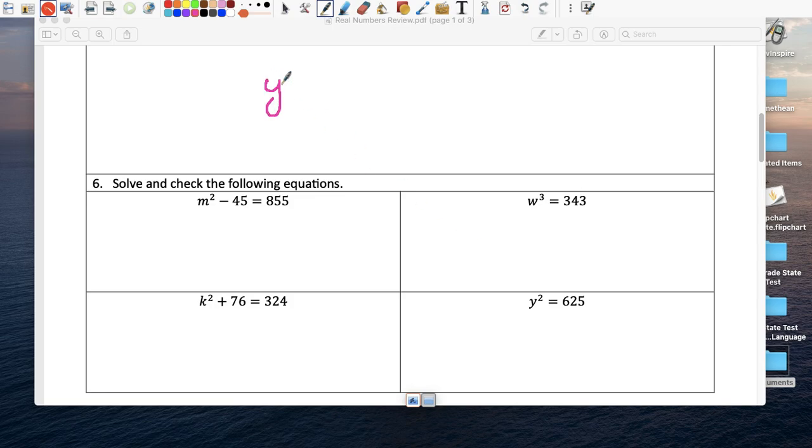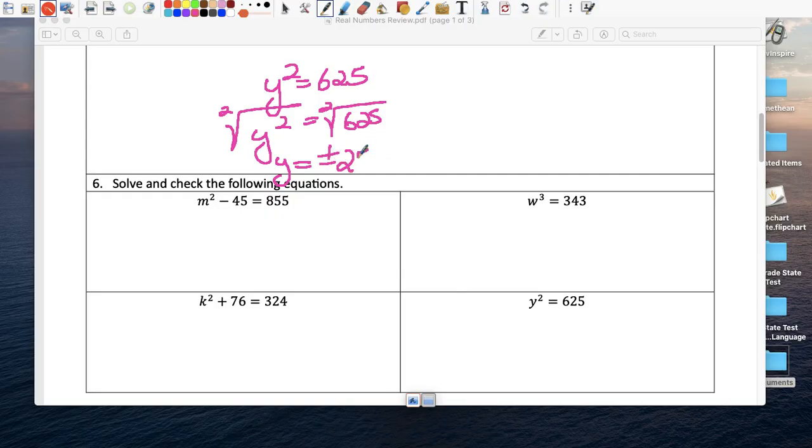Y squared equals 625. Again, just a repeat. To get y by itself, we're going to take the square root of this side, and we're going to take the square root of this side. What number multiplied by itself is 625? It's 25. So plus or minus 25. Do a check. In my original equation, I'm going to use positive 25 squared and see if it gives me 625, and yes it does.